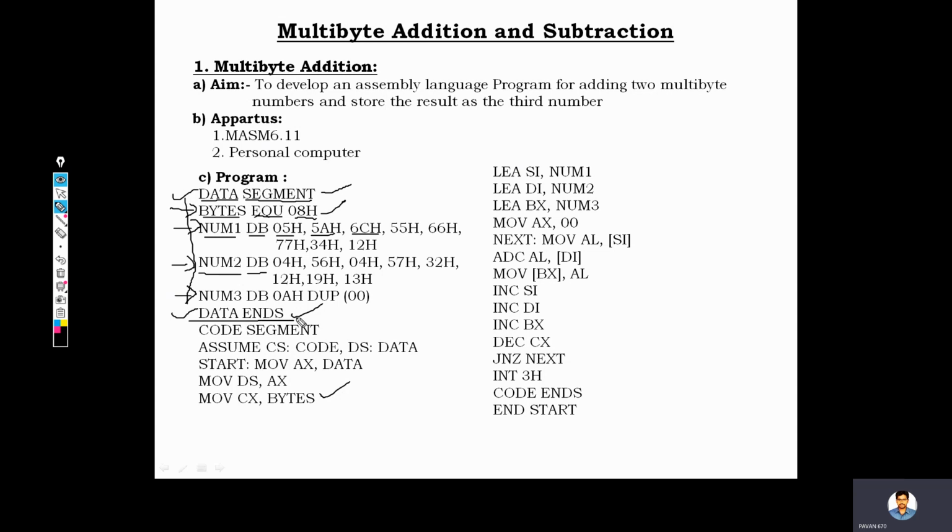Based on the name provided before it, if it were code ends, it would mean the code segment is ending; if it were stack ends, the stack segment ends. Since the name here is data, the data segment is getting closed. That means we are not providing any further statements inside the data segment.